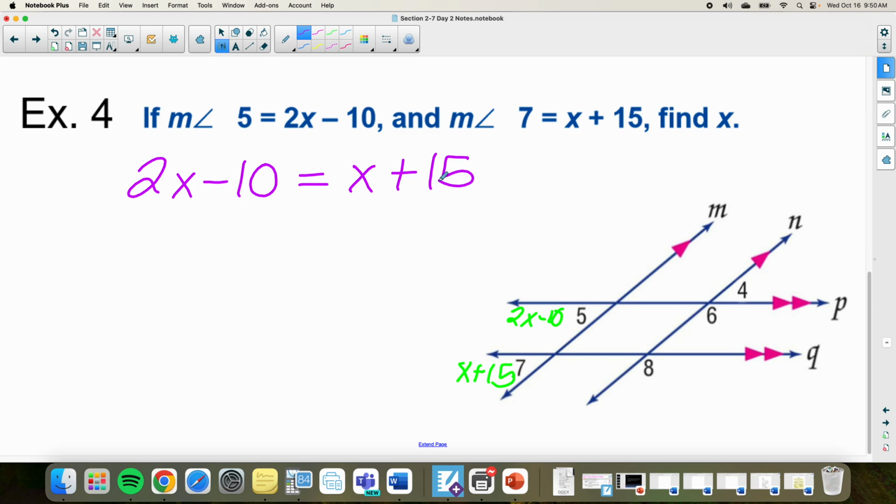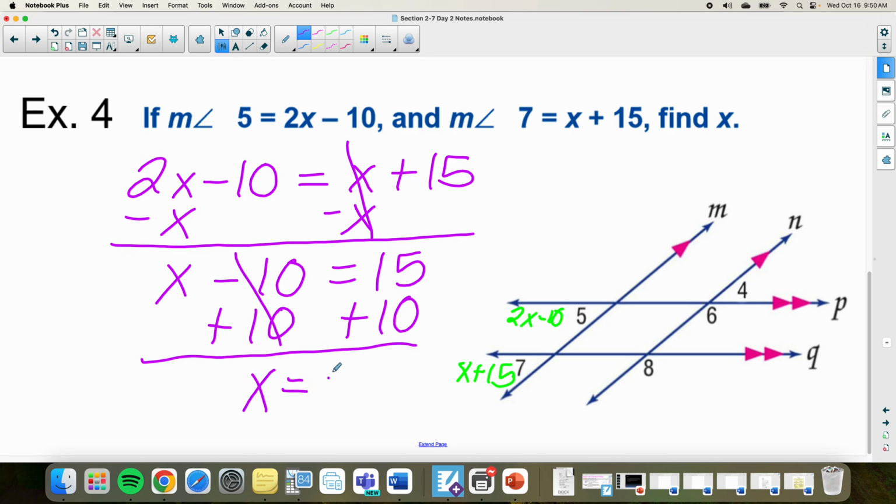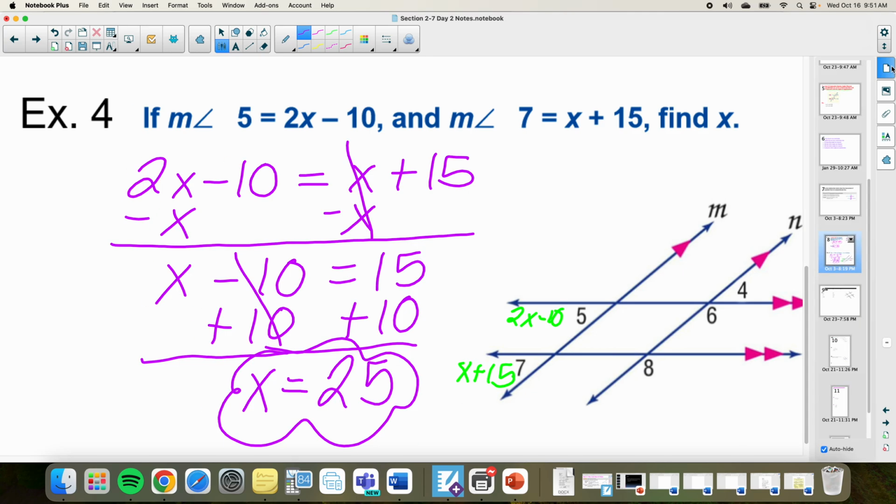So what I'm going to do here is subtract x. 2x minus x is x, minus 10 equals 15. Then I'm going to add 10, and I get x equals 25. And that is all they wanted us to do here. They do have a 4, a 6, and an 8, but they don't ask us for those. So that's all we have to do, okay?